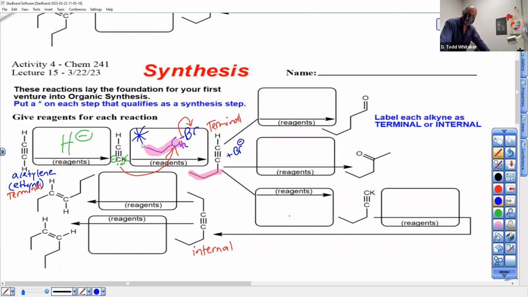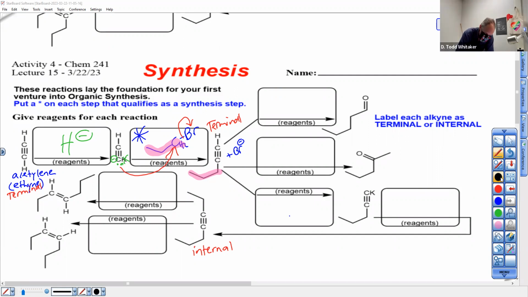Now, previous activity. We had a reaction that took a terminal alkyne and made it into an aldehyde. And we had a different reaction that took a terminal alkyne and made it into a ketone. What chemicals did the ketone? That was our second activity today. There's 3 of them. Just remember, there's 3 chemicals for either one of these.